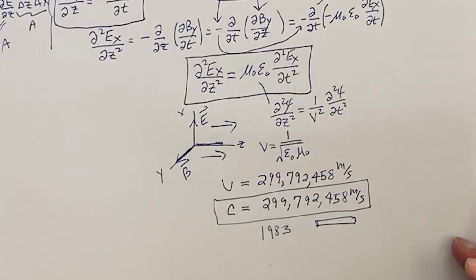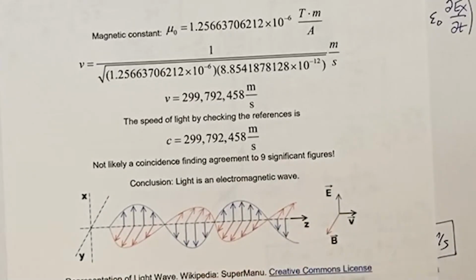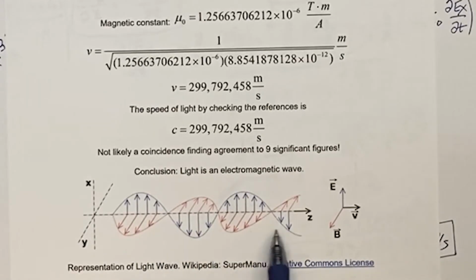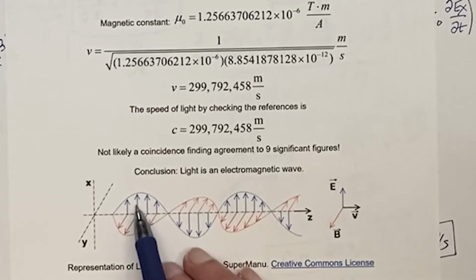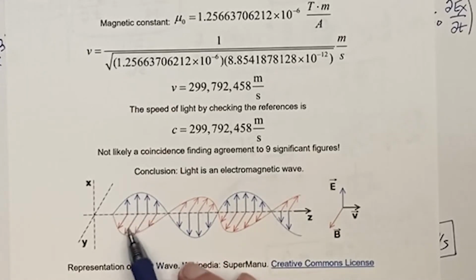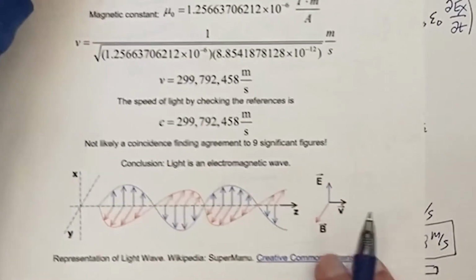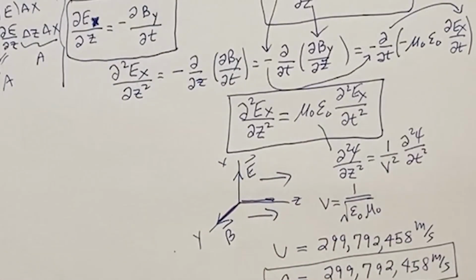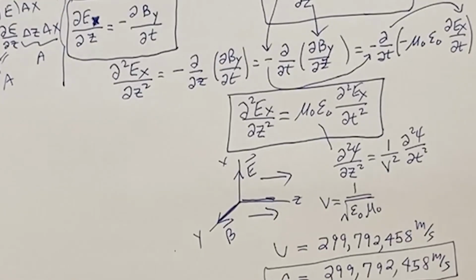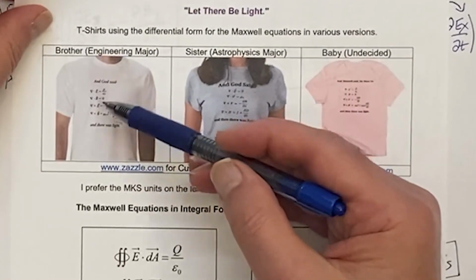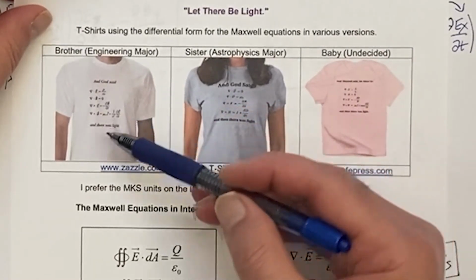So here's a nice picture of the wave. Here, an electromagnetic wave, where your electric field is the blue and your magnetic field the red, traveling to the right. And because the Maxwell equations lead to light, they have these neat t-shirts: "And God said, and they're the Maxwell equations, and there was light."